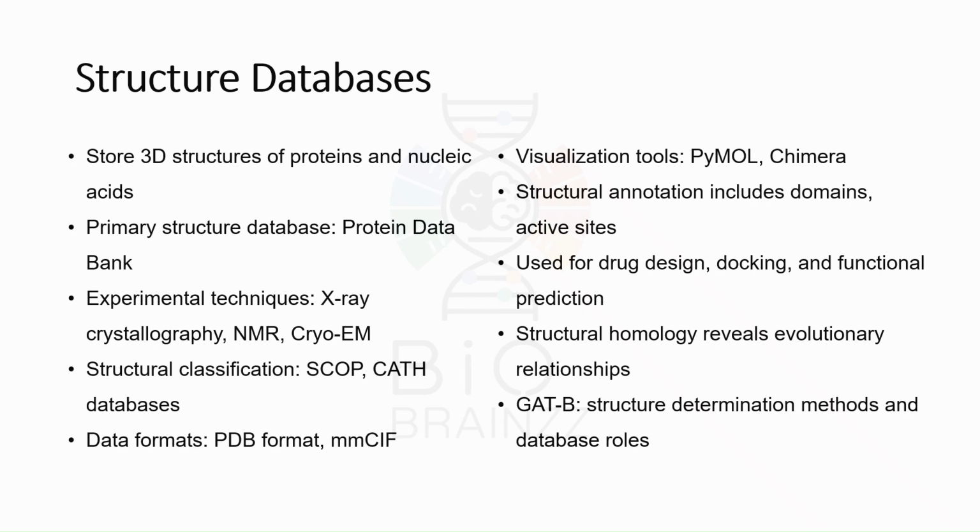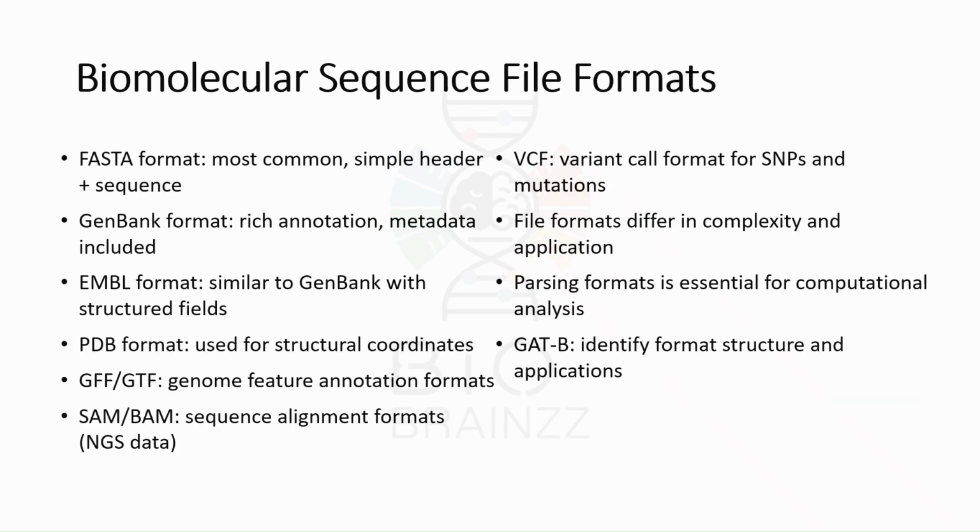These structures help us understand protein function, active sites, and also help in drug design. Tools like PyMOL and Chimera are used for visualization. In GAT-B, questions can be asked about structure determination methods and uses of structural databases.